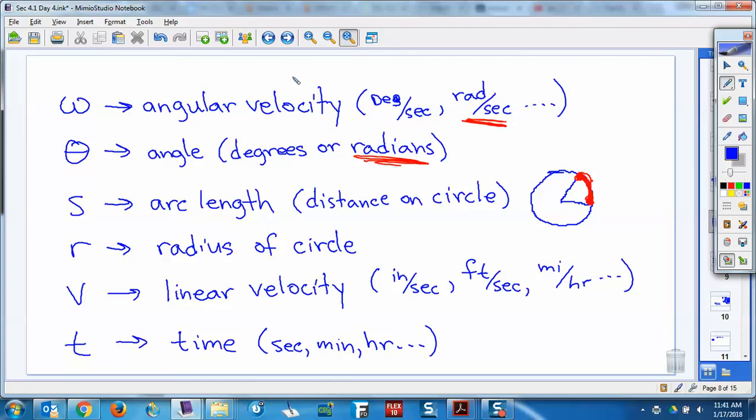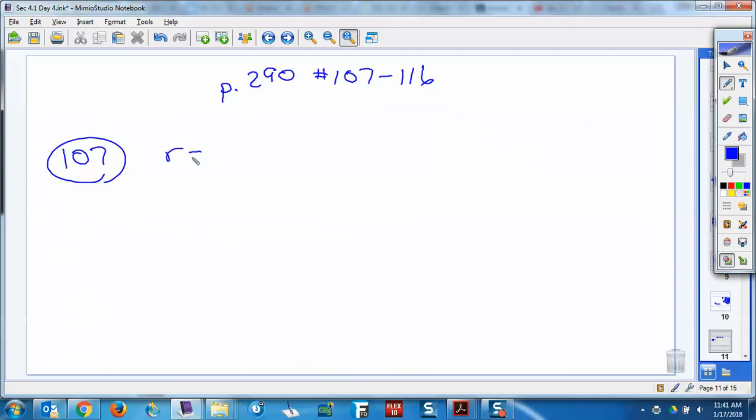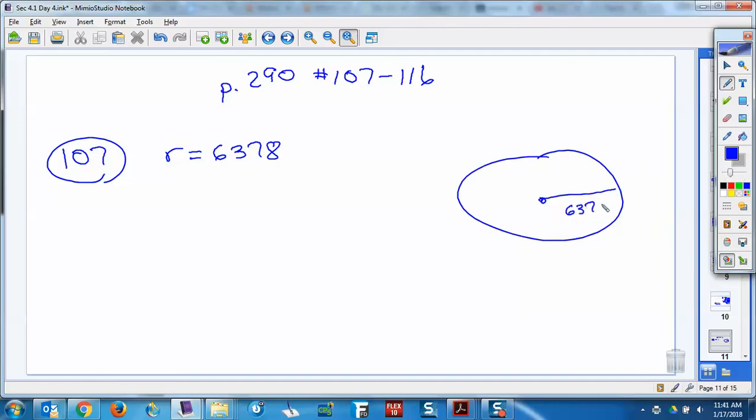So this is simpler than getting into velocity and stuff. Now I heard somebody say arc length. Arc length would be the distance between them, how far apart they are, and they do give us that. They say that the radius of the Earth is 6378. So here's the Earth, here's the radius, 6378.